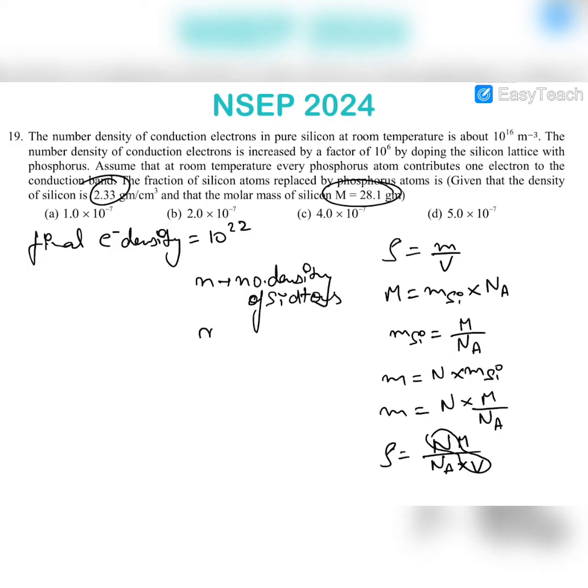So n is equal to rho Na divided by M. This is the value of small n, number density of silicon atoms.